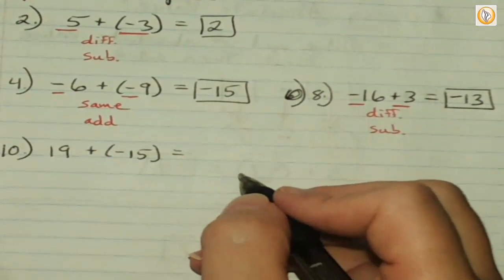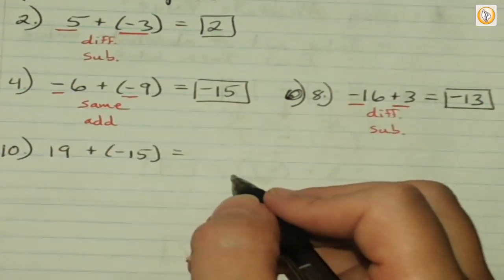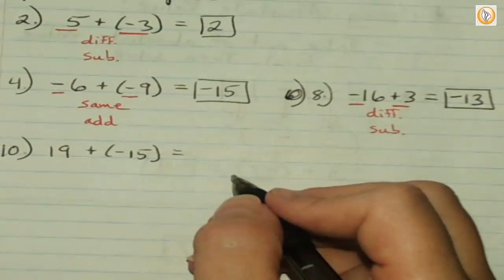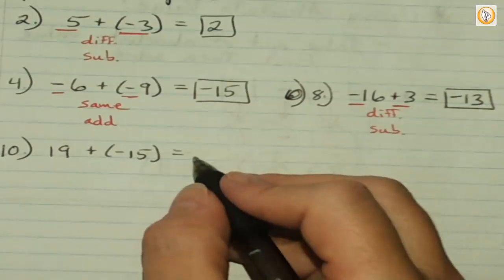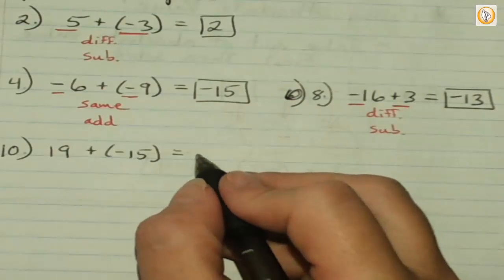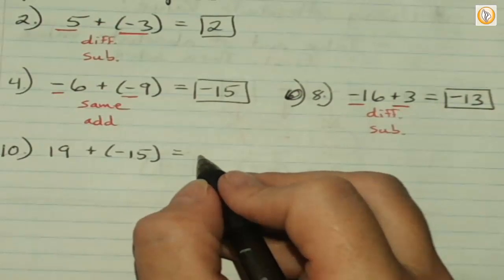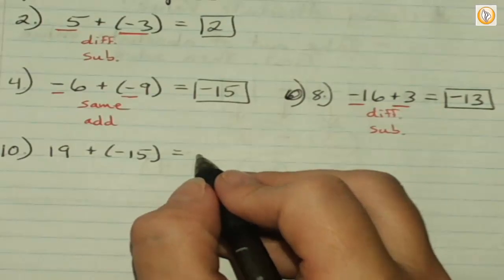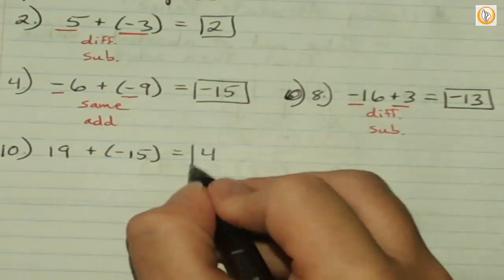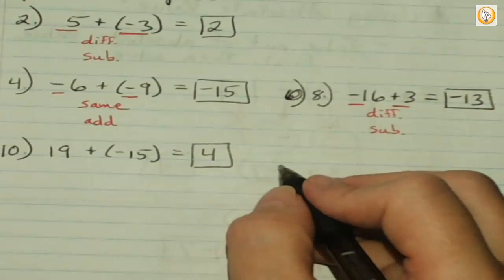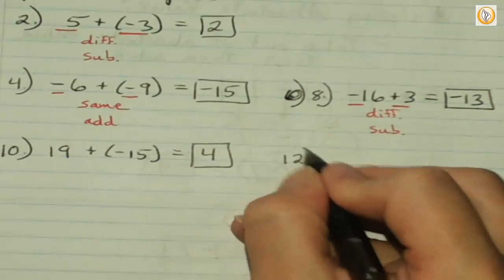Okay. Three. Try again. Positive is correct, but try again. 4. There you go. +4. Good job. 12. Madeline.